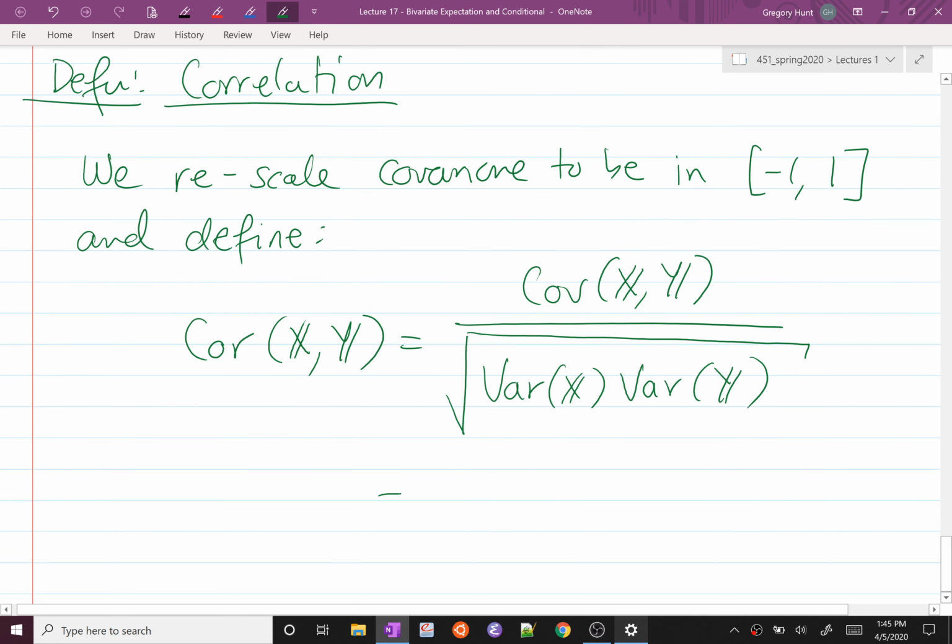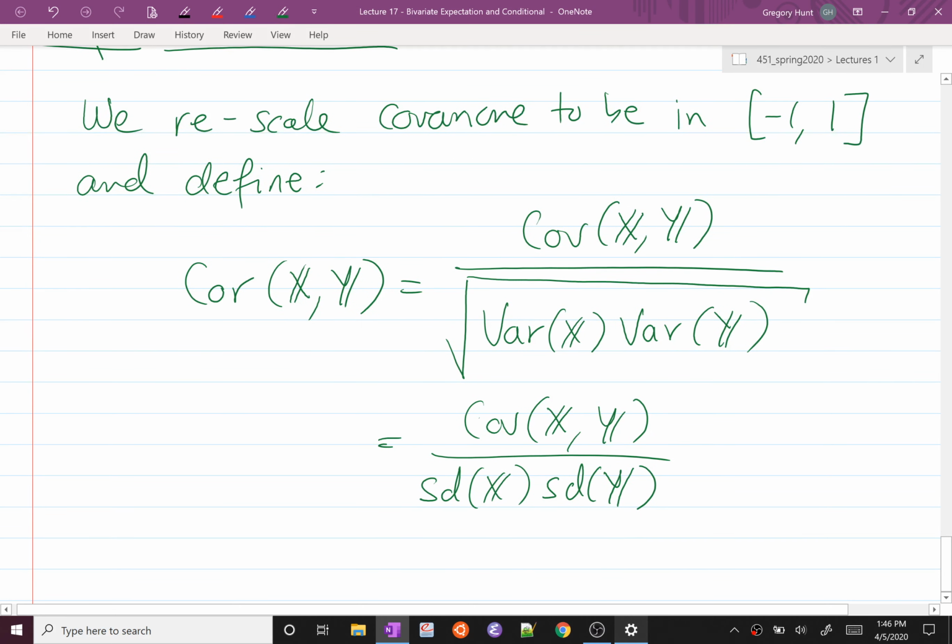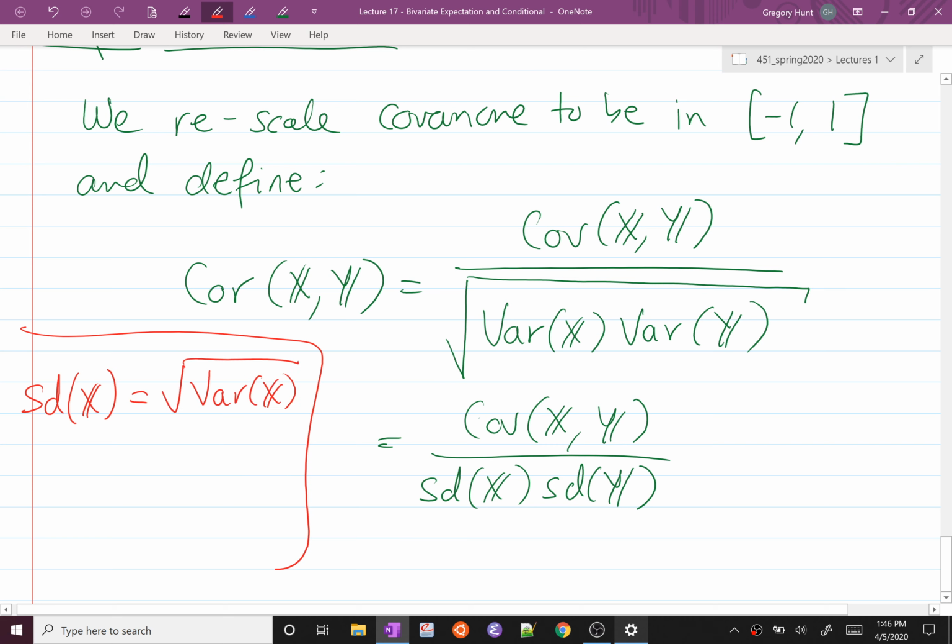Or equivalently, we could say it's the covariance of x comma y divided through by the standard deviation of x times the standard deviation of y. As an aside, we're just defining SD of x or y to be the square root of the variance, and equivalently for y. So that's just a definition.